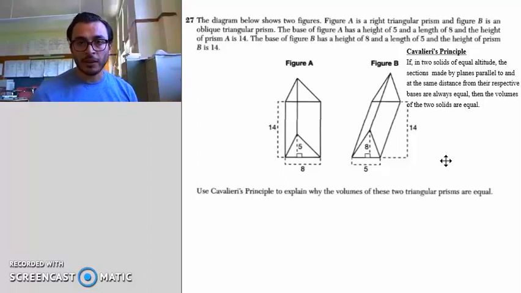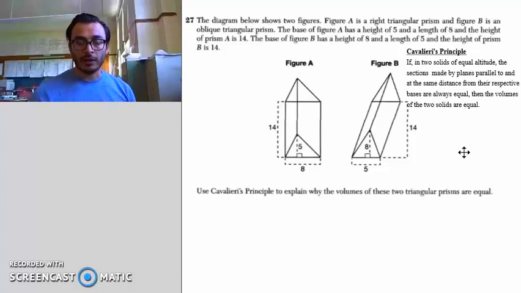So, what is Cavalieri's principle? Here's what it says. If in two solids of equal altitude, the sections made by planes parallel to and at the same distance from their respective bases are equal, then the volumes of the two solids are equal. So you can go ahead, read that again if it didn't make sense.